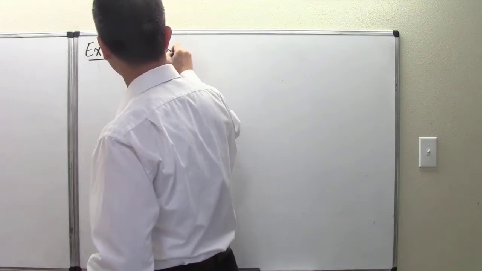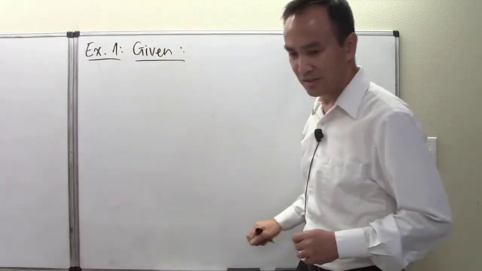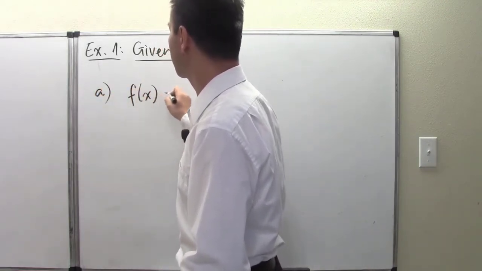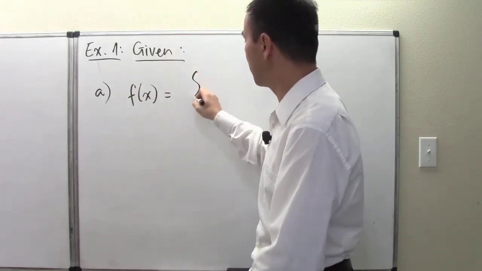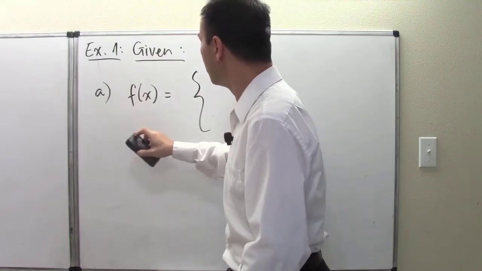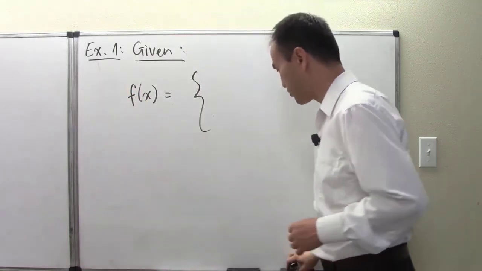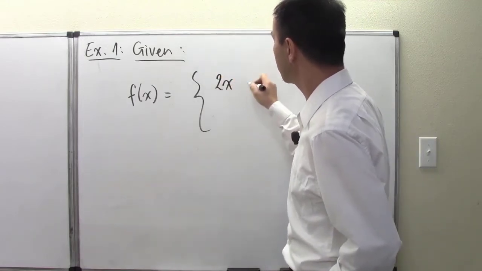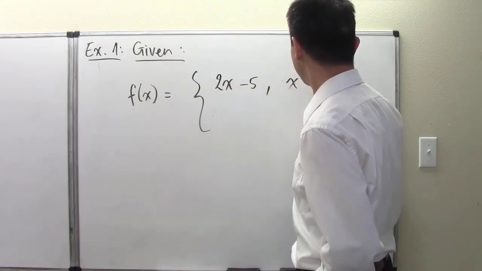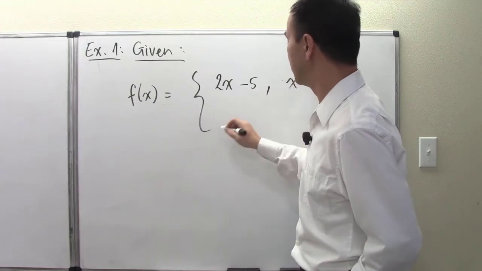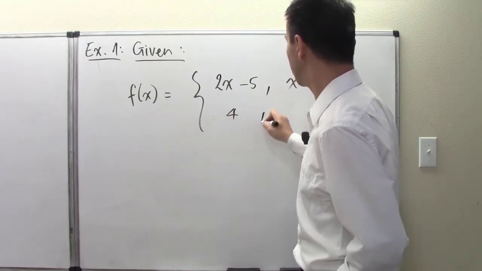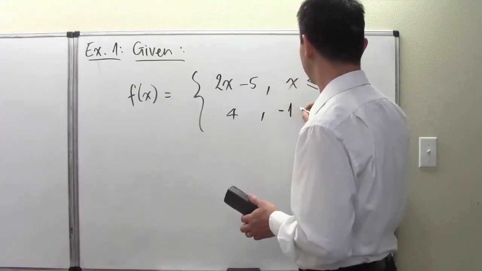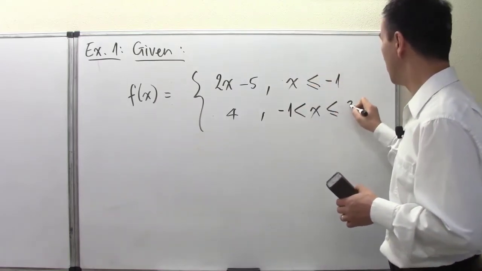Now with example 1 we are given f of x equals, so I'll just give one function here first. 2x minus 5 for x less than or equal to negative 1, and then it equals 4 for x anywhere above negative 1 but less than or equal to 3.